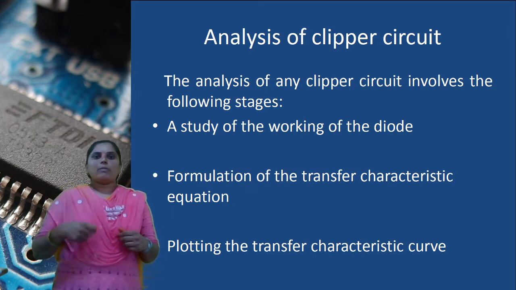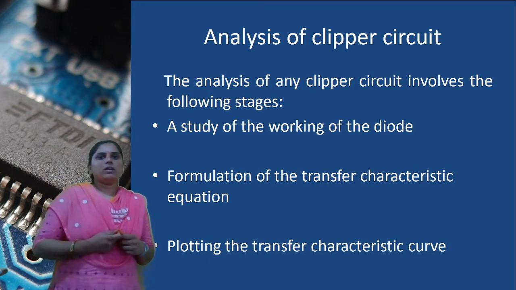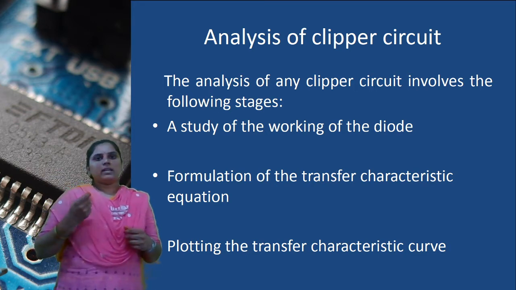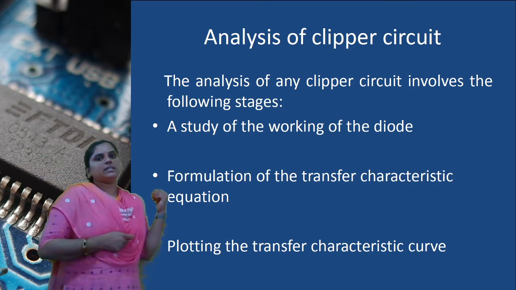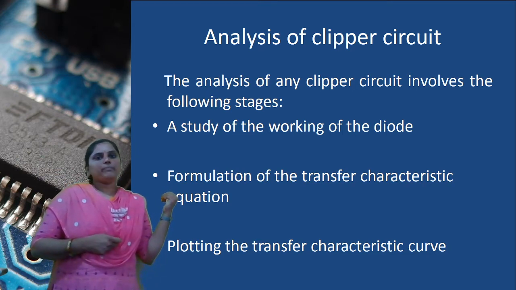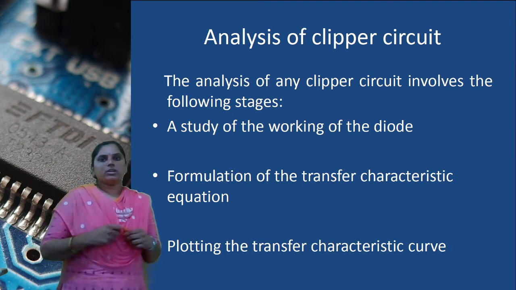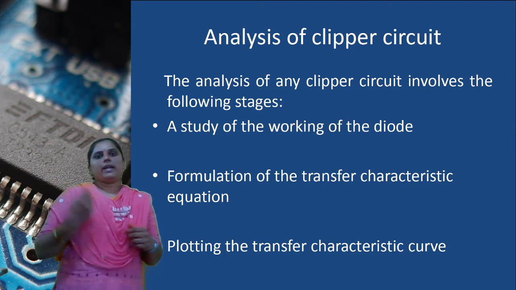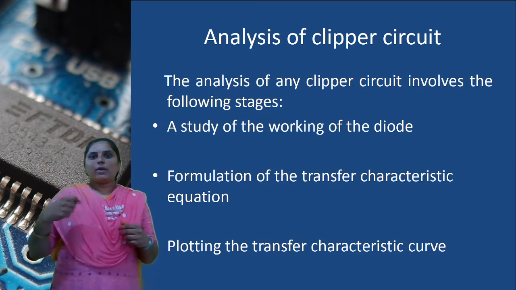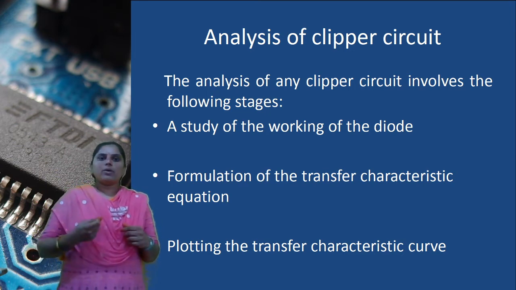When we analyze any clipper circuit, we have to follow three stages. The first stage is the study of the working of the diode, that is, when the diode is on and when the diode is off.